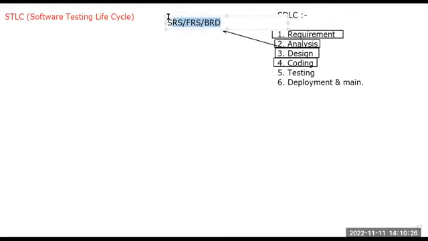This is the finalized technical requirement document, and we can follow it for our actual development or testing activities. If you are a developer, you can follow this and develop the application according to the requirement. If you are a test engineer, you can follow the same document and test it. That is the finalized technical document, and it is the outcome of the analysis phase.